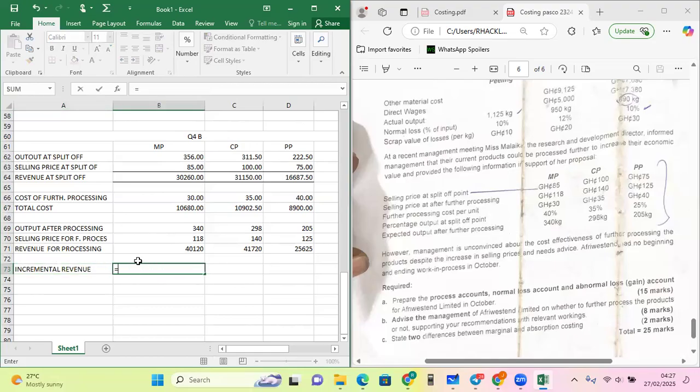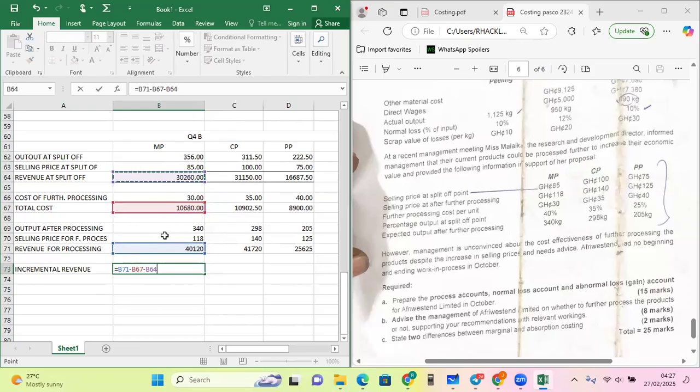So equal to this minus this minus this. This is the actual figure without processing. If we don't process, this is what we are going to get. So if this minus this gives us positive, then we are going to accept it.